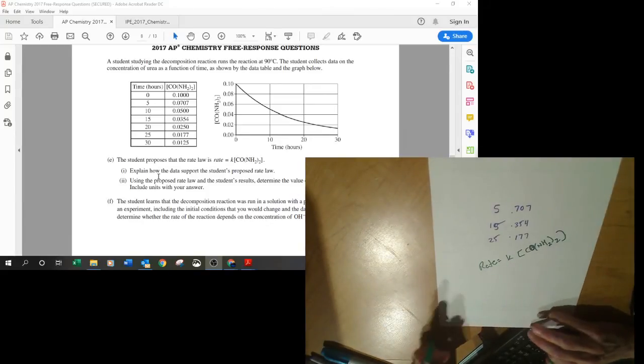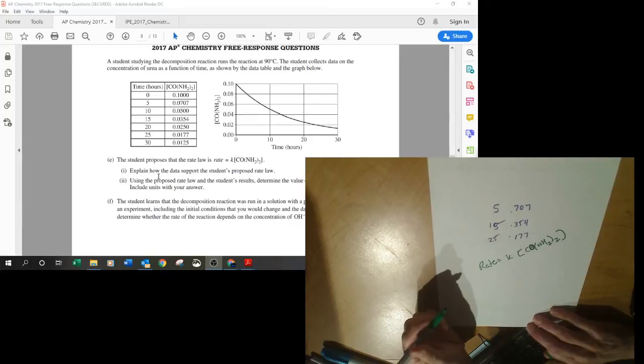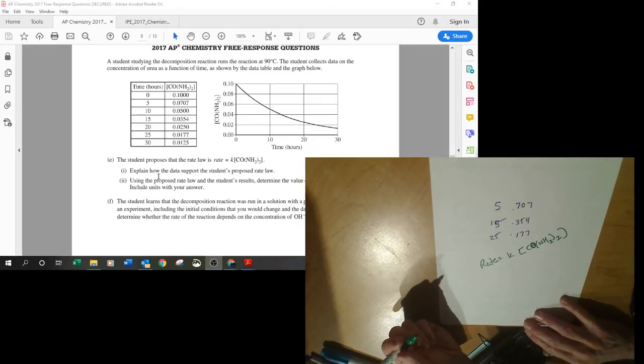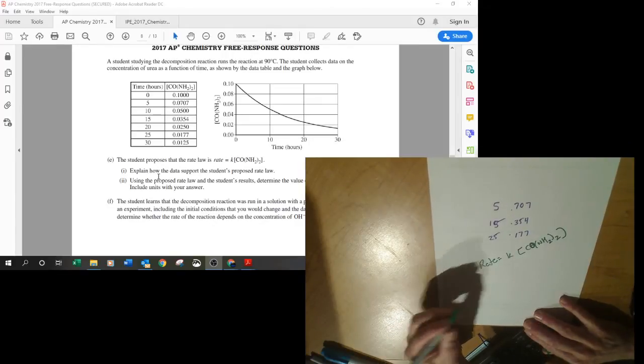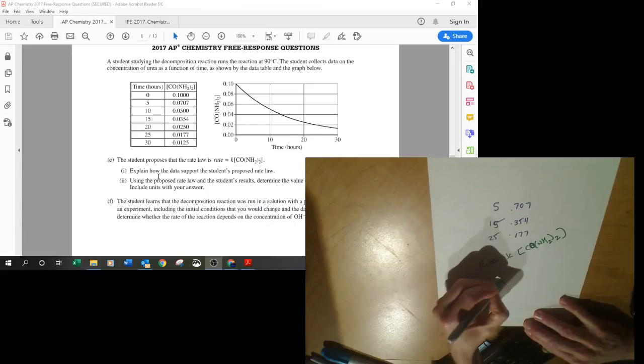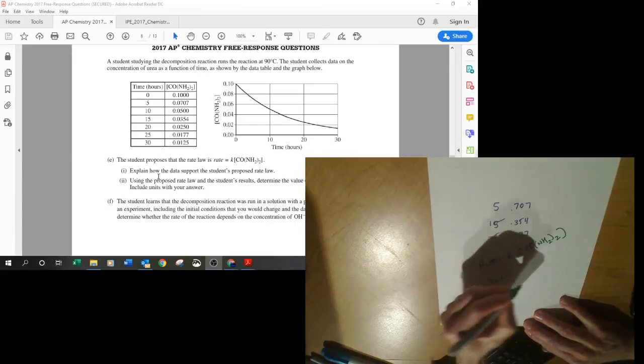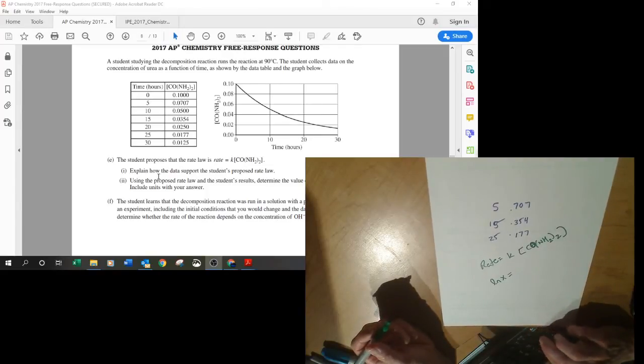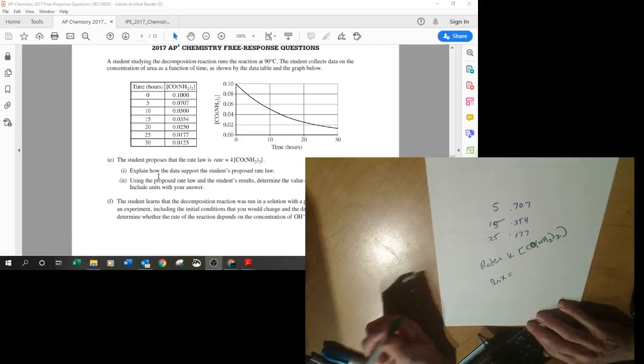Doesn't matter. Urea. Alright, so what do we have? We know that it is first order, so first order is going to be linear when it is natural log. So we've got natural log at some point equals the slope of the line. Do we have a slope? Can we find a slope? Yes, we can, because we've got time and concentration.